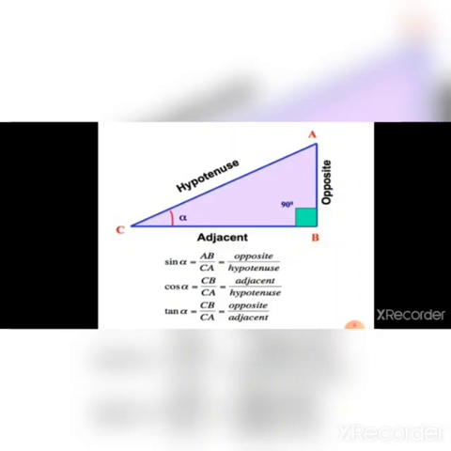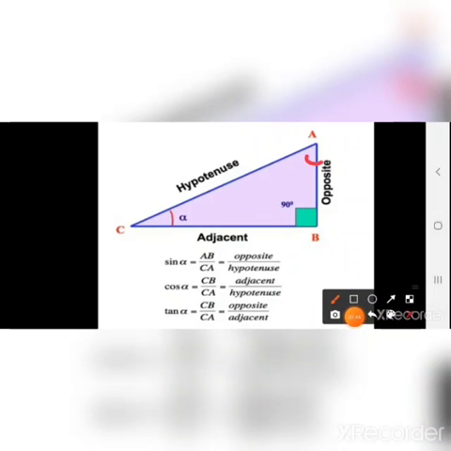In the same example, if we take all these sine, cos and tan ratios for angle A, how does the ratio change? Let us see. For angle A, opposite side, as I say, is BC, adjacent side will be AB and hypotenuse will be AC as it is.